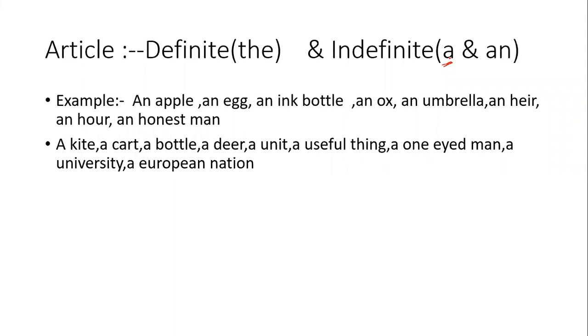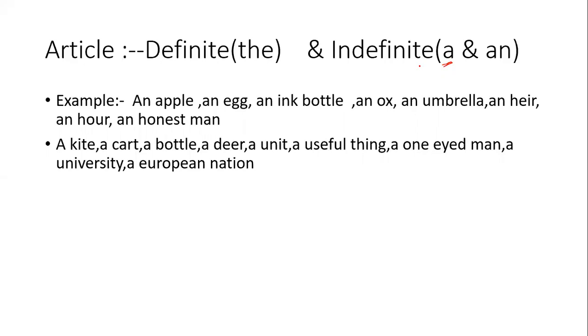Now if any singular noun begins with a vowel, and here's another thing to be noted, it's not only the letter vowel, it is the vowel sound that is important. So if any singular noun begins with a consonant sound, sound is the most important thing. We have to be very clear about this.